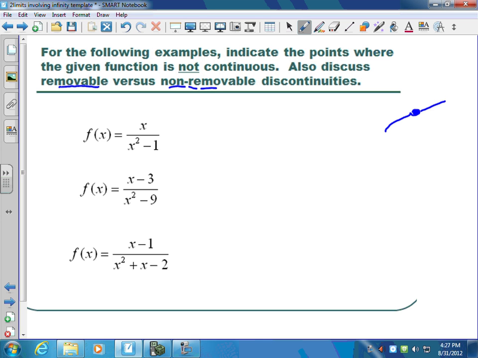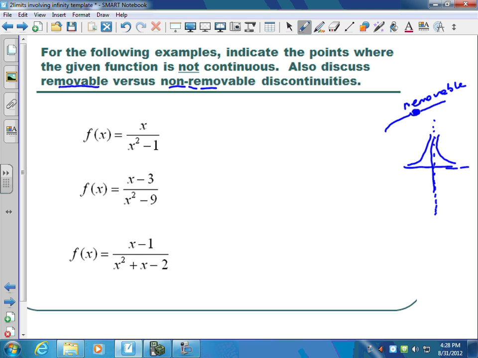So this is an example of a removable discontinuity. But if you have a situation like this, this is an example of a non-removable discontinuity, basically when you have a vertical asymptote.